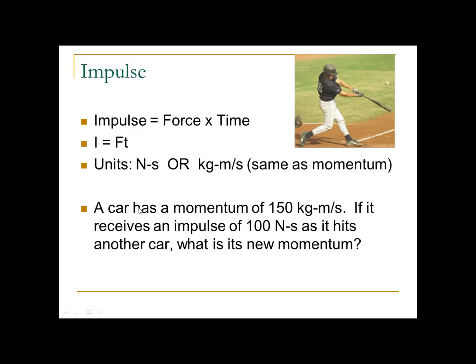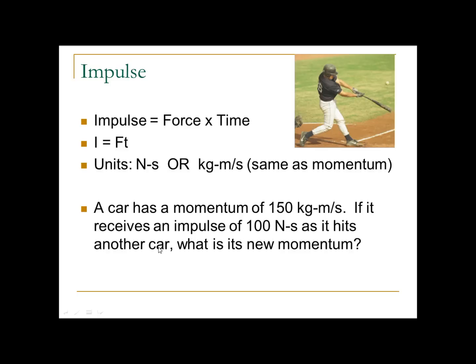So a car has a momentum of 150 kilogram meters per second. If it receives an impulse of 100 newton seconds as it hits another car, what is its new momentum? Well, impulse is change in momentum. So it has this initial momentum of 150, and it receives an impulse of 100.